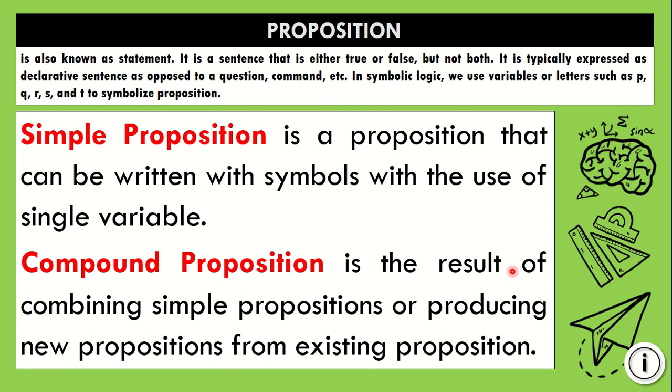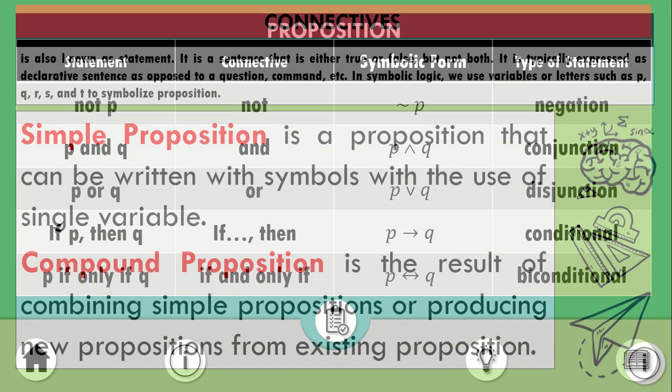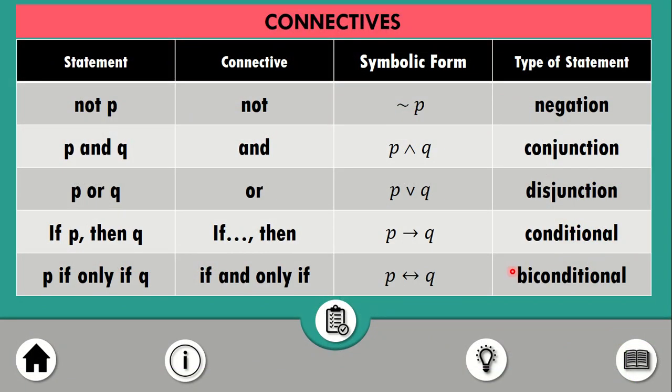Now, let's explore the compound proposition. Let's identify the connectives used for us to have compound propositions. We have the connectives negation, conjunction, disjunction, conditional, and biconditional. Here are the keywords to use. For negation, we have not.